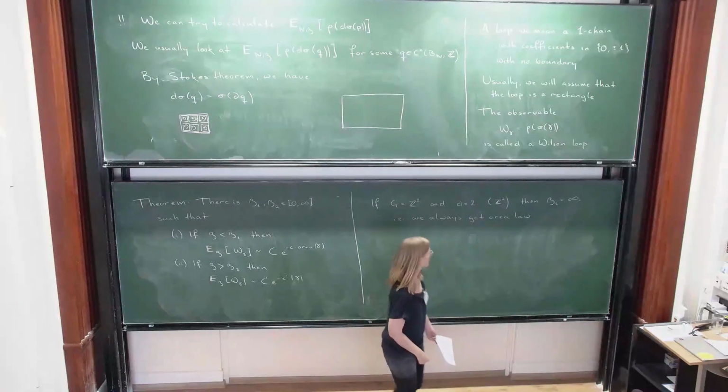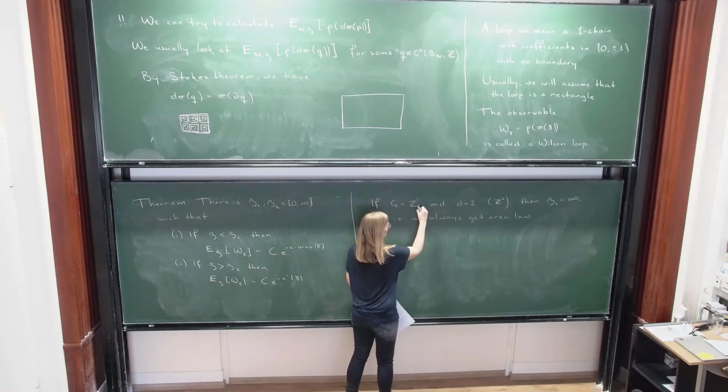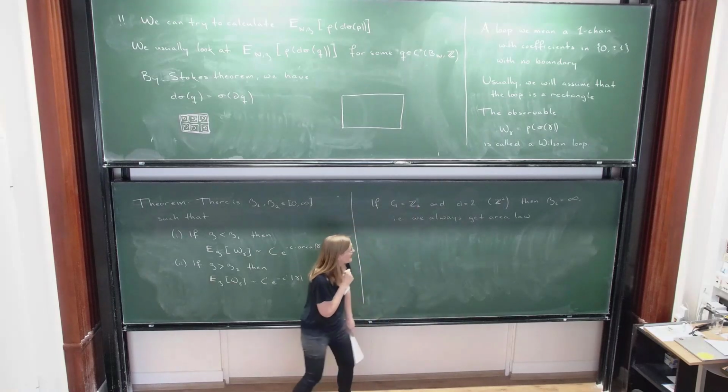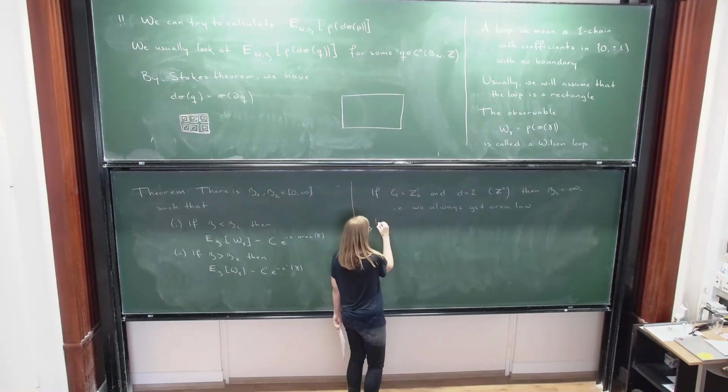Yes? But G equals 2, you mean the... Yeah, sorry. G is Z2. And the dimension is 2. Then we always get area law.